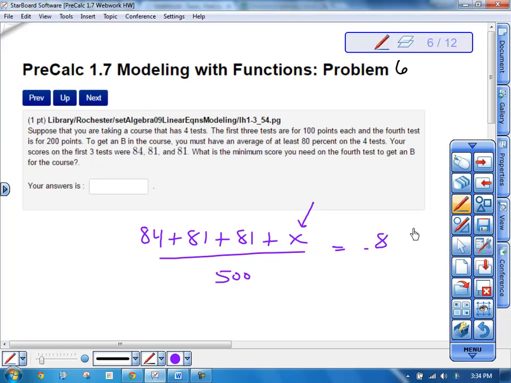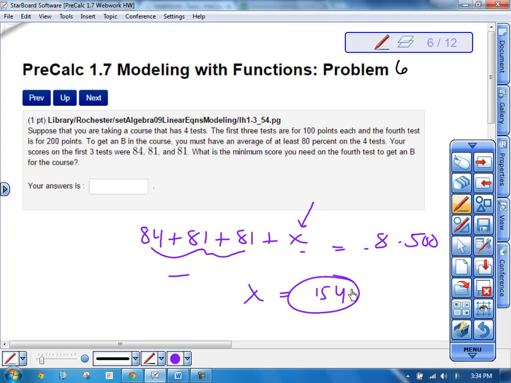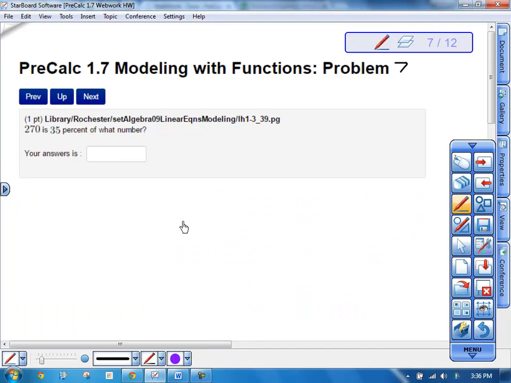If you multiply both sides by 500, and then subtract these numbers over, you get x equals 154. And for some reason, that's what it wants. I thought it'd want a percent, but no, that makes sense. Minimum score you need, so 154 out of 200. So just put 154.